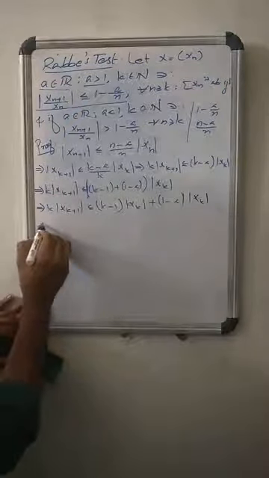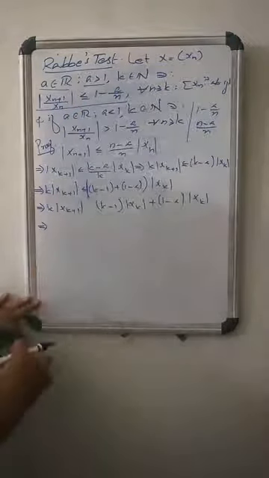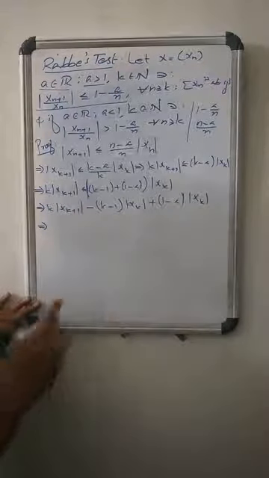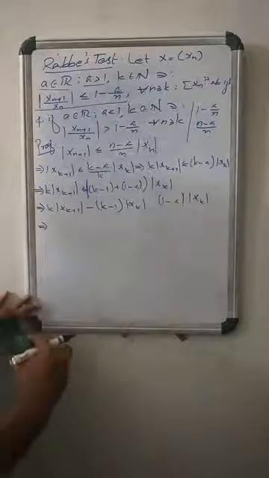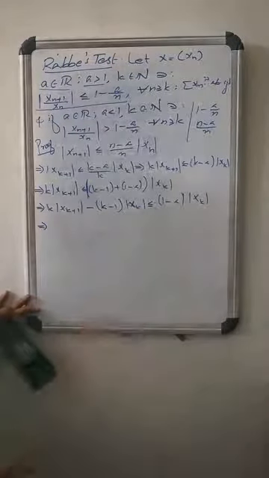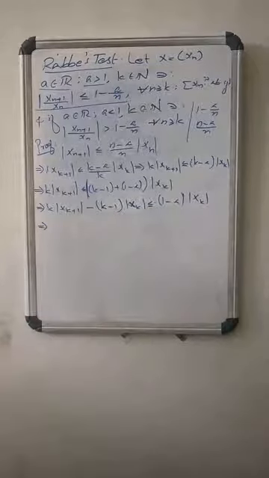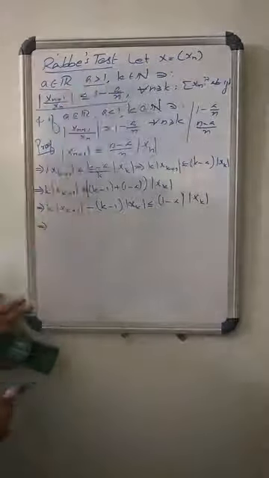That means k into modulus of xk plus 1 minus k minus 1 into modulus of xk is less than or equals 1 minus a into modulus of xk. But what is a? A greater than 1, that's the choice of a.